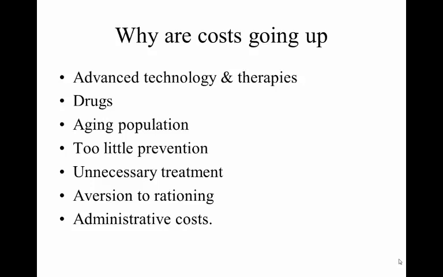The reason we have such a high level of administrative costs is that we have a large number of insurance companies that are all basically doing the same thing. Each one assesses risks, sets premiums, turns down claims, and designs and markets benefit packages. This is massively redundant. By contrast, in Canada, there is one institution that does this, the National Health Insurance Program.